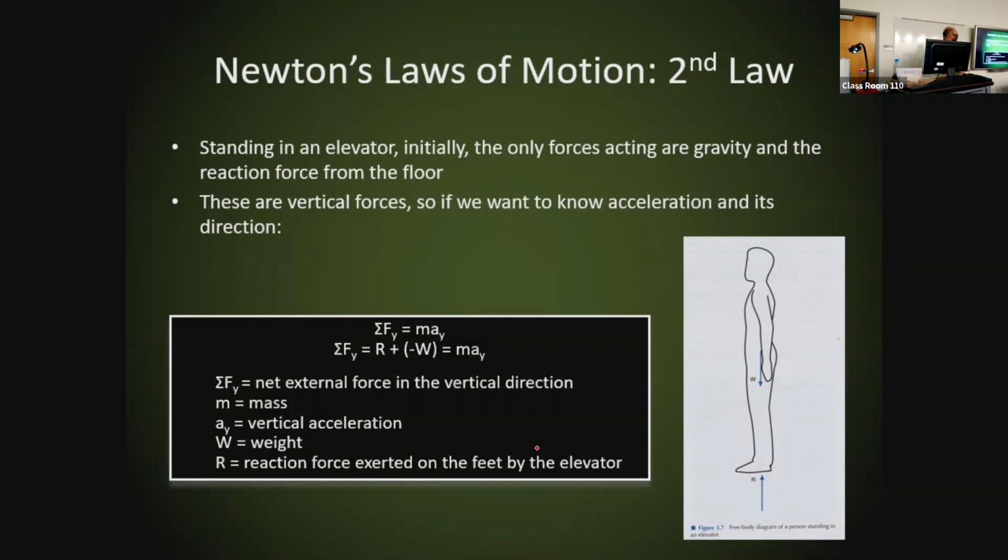And we can easily calculate this out by the calculation below. The net external force is the total. In the vertical direction, we have mass, which is us, the vertical acceleration, the weight, and then the reactionary force exerted by the elevator, pressing upward on us to keep us stationary, hopefully.